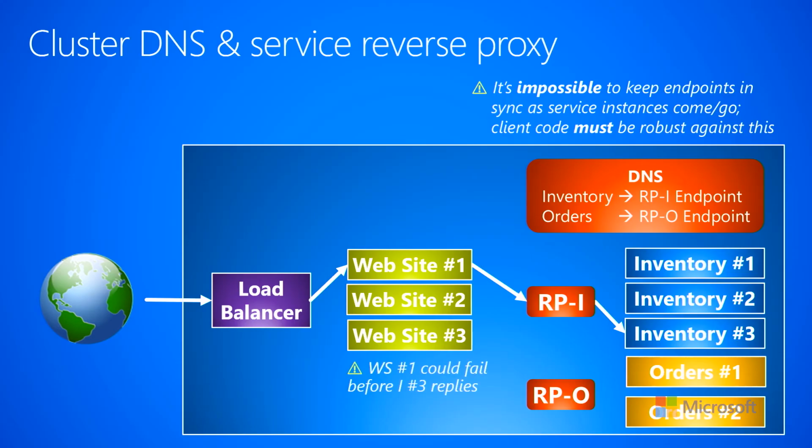Another thing to be aware of, since failure is always possible, is that while your instance here is talking to the reverse proxy, which is in turn talking to an inventory instance, your instance could go down. Maybe this gets scaled down, or maybe you crash over here. So when inventory 3 returns a result, it's trying to return back to your instance, but your instance went down and is no longer running.